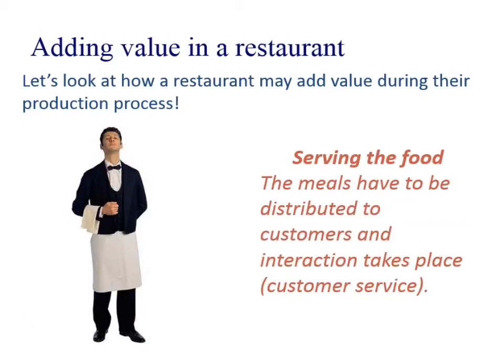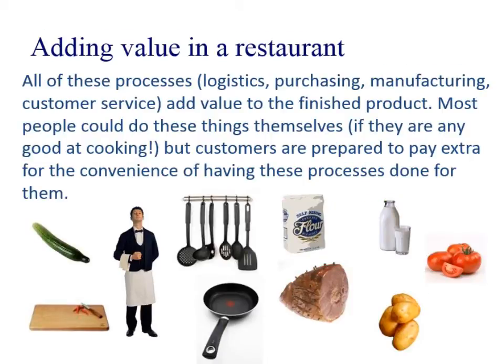They also serve the food to you, so they add value through that. If you bring all of those functions and processes together, we can see that there's a lot of value being added, and that's why people are willing to pay so much more for a meal that they eat in a restaurant than it actually costs to make the meal.